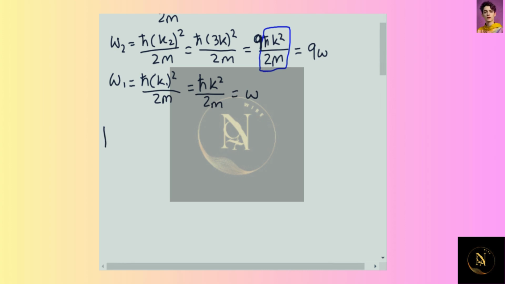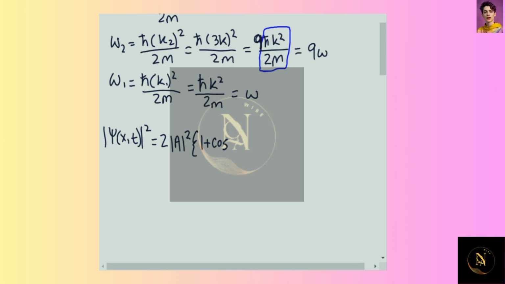So now we can start plugging things into our probability distribution function. Again, that is psi of x, t squared equals 2 times the absolute value of A squared, 1 plus cosine. The original was cosine of k2 minus k1, but now we know that k2 is equal to 3k and k1 is equal to k.